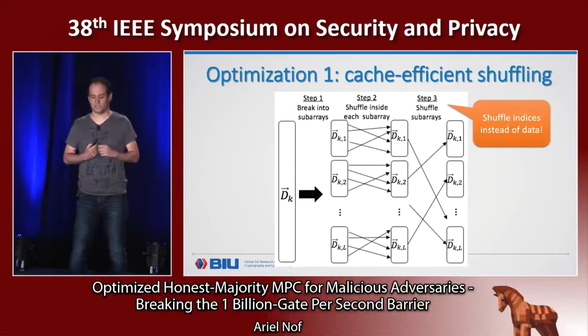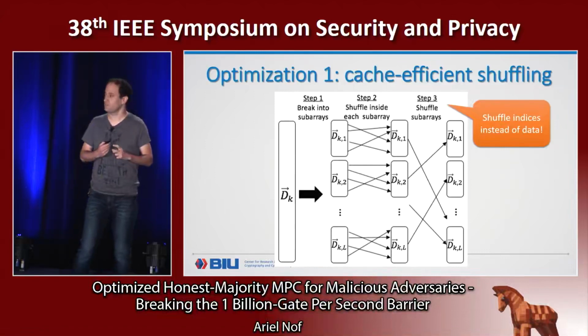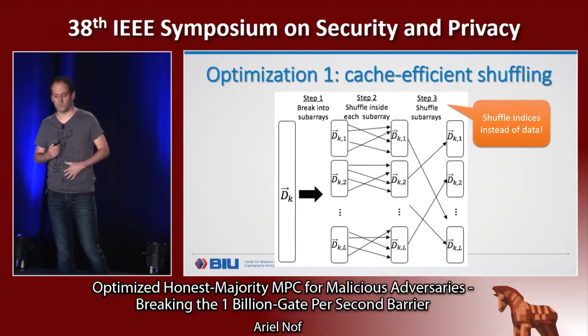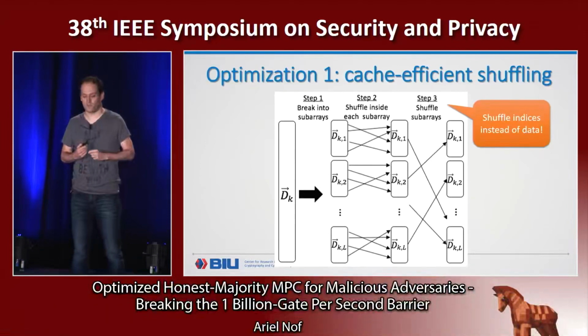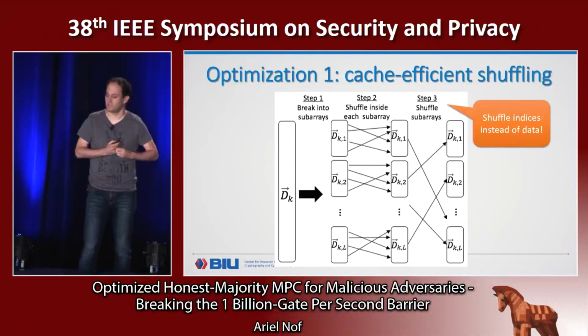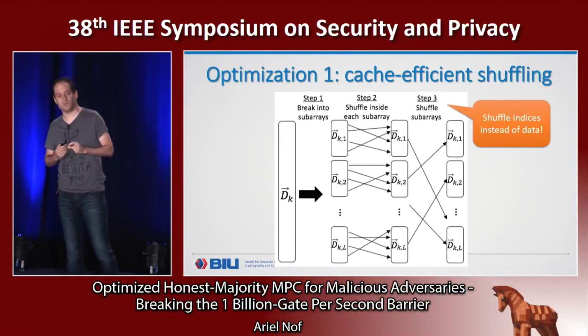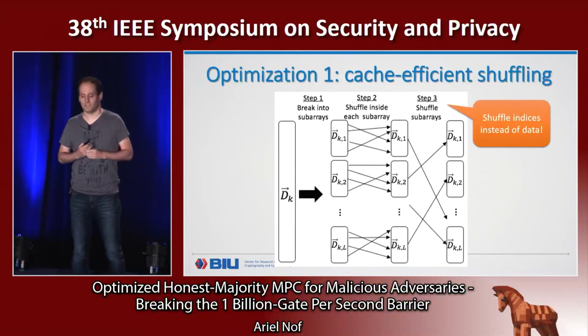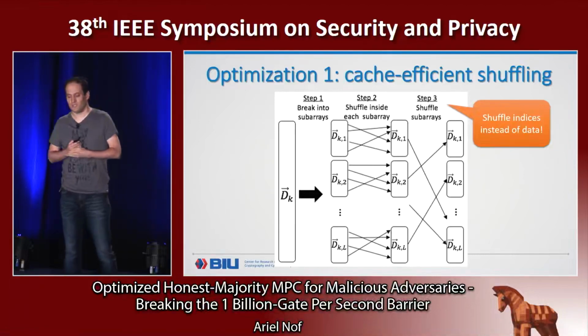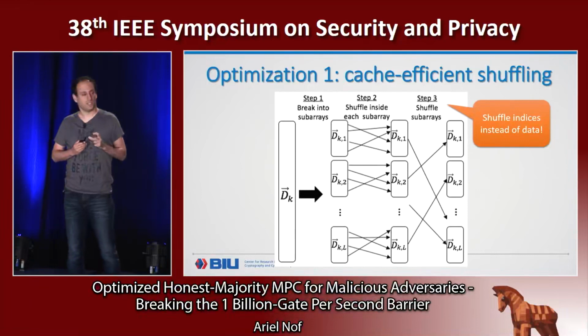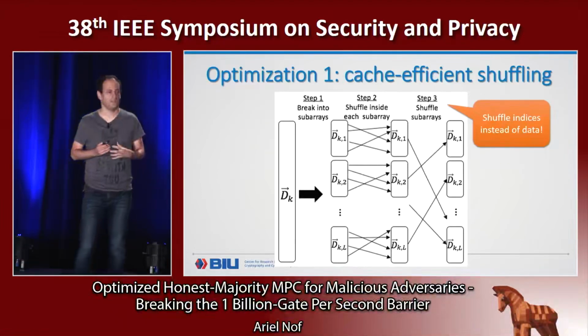In the shuffling of the subarrays, we physically move the data from one place to another. But for the shuffling of the subarrays in the big array, we use the index table. So eventually, we each time only shuffle small arrays, and they fit into the cache.